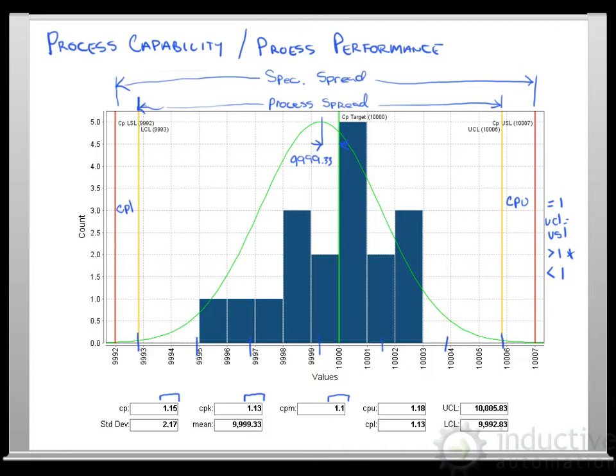Each one of those sections is going to be 1 standard deviation, or sigma, or it's represented by that character there.